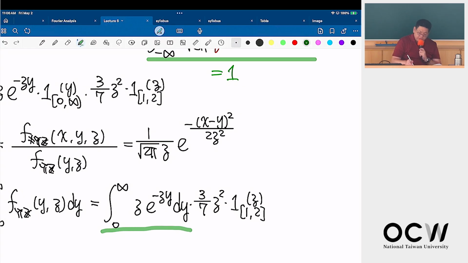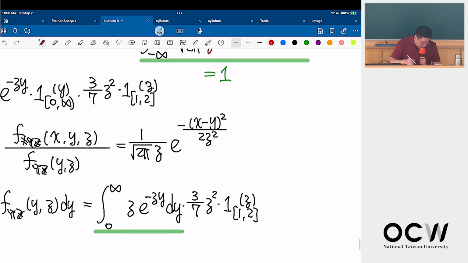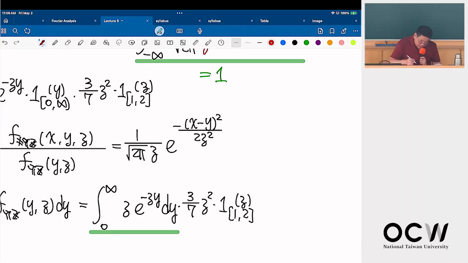Then what is this integration? You should know that for this integration, this actually is a PDF of exponential distribution. So this is exponential with the parameter 1 over z.